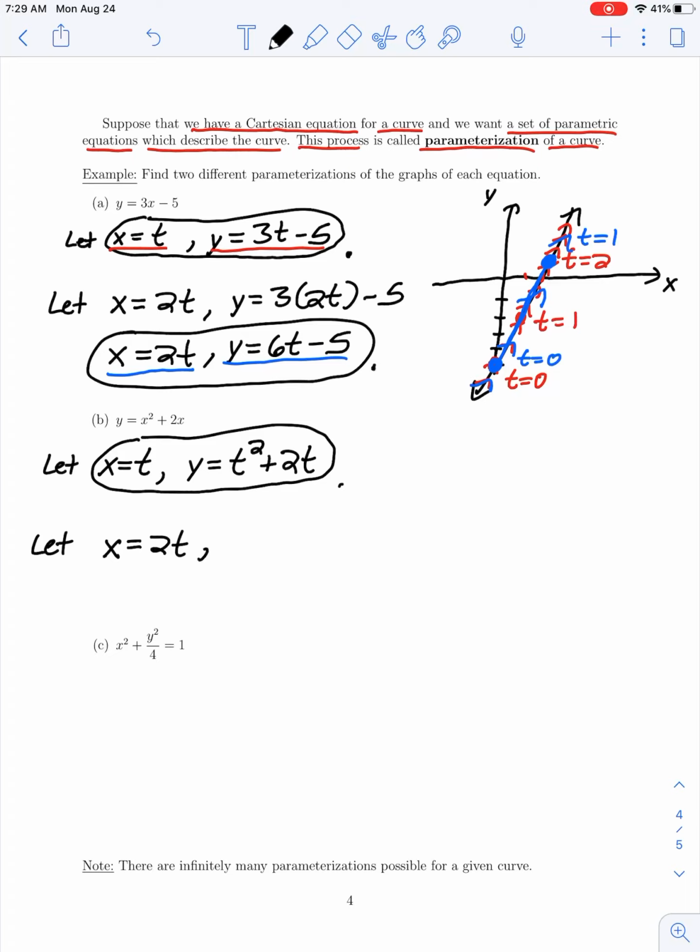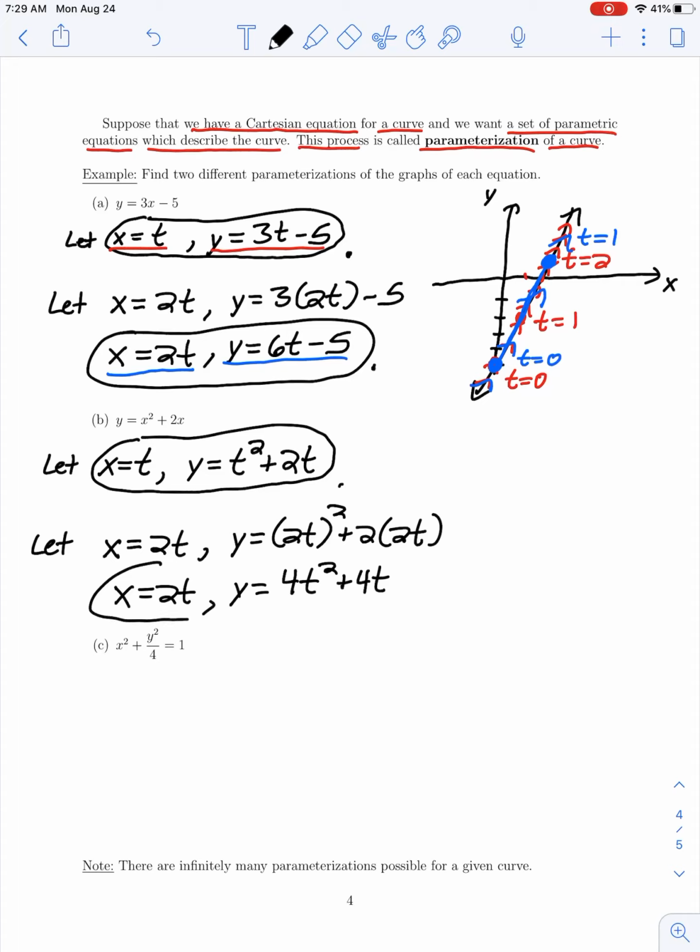If x is, for instance, 2t, then y would be 2t squared plus 2 times 2t. So simplifying, y is 4t squared plus 4t, and x is then 2t. So we would have the following two parameterizations, which both describe the same parabola, traversed in the same direction, but more rapidly.